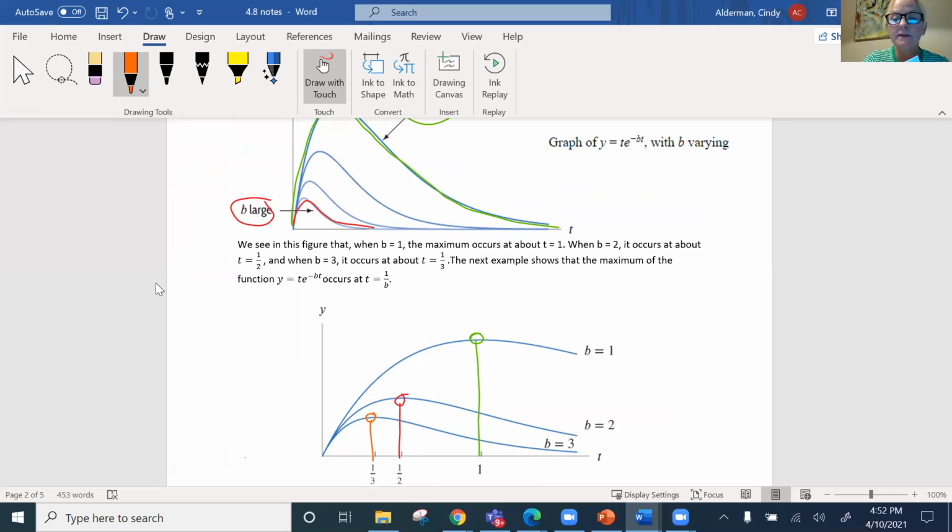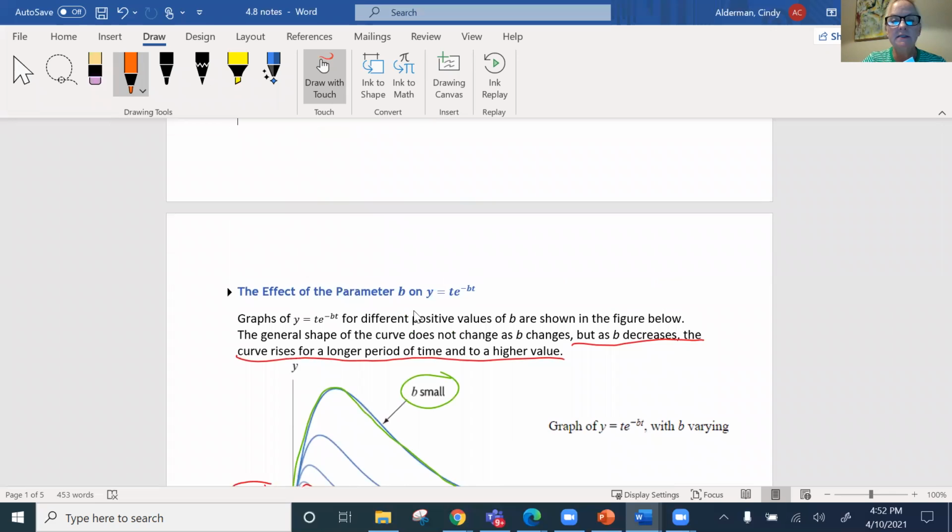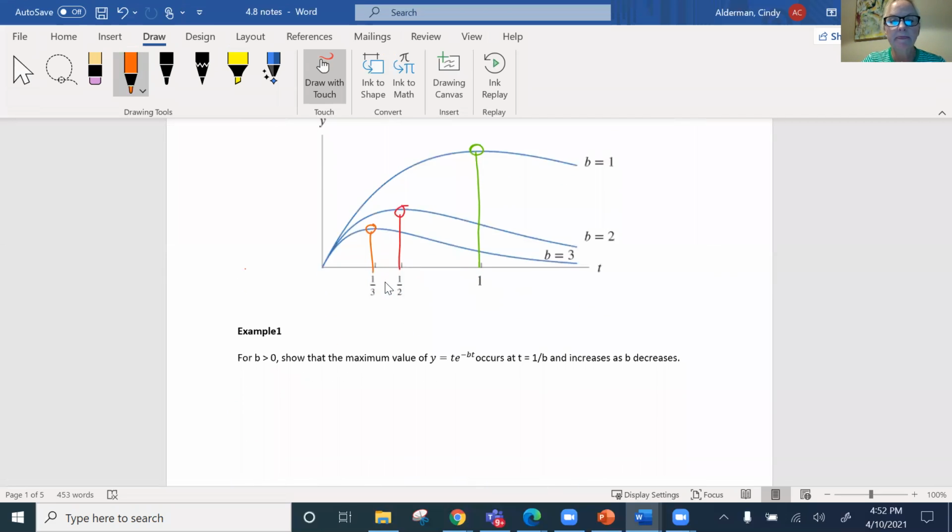So we're talking about the B value in this standard formula for surge functions, which makes it easy because you can say that the max is going to occur at 1 over whatever B is. So here, for B greater than 0, show that the maximum value occurs at 1 over B. Really, this is just a proof for what we already know right here.